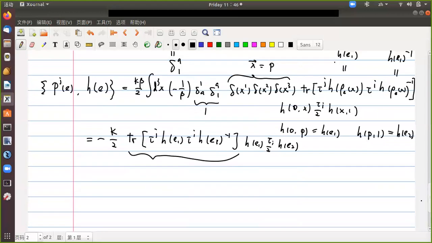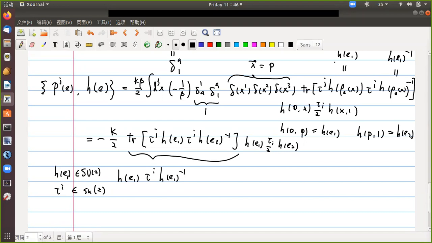How to do that? You see that HE1 tau I HE1 inverse is just the adjoint representation from the Lie group to the Lie algebra, because here HE1 belongs to SU2 and tau I belongs to the Lie algebra SU2. So this is just an adjoint action.